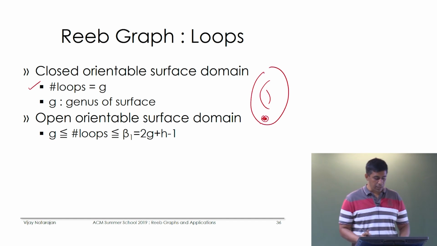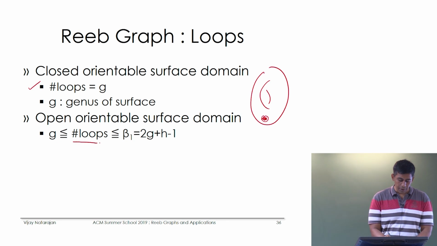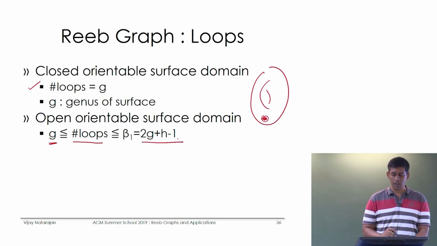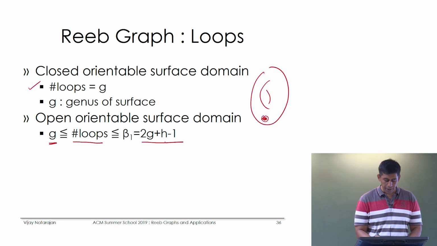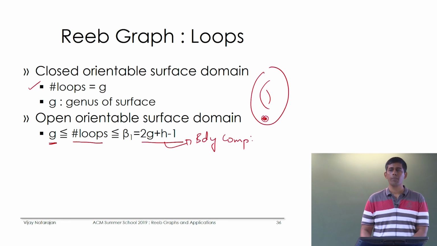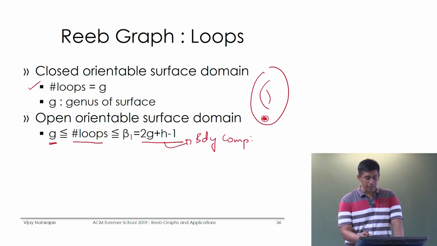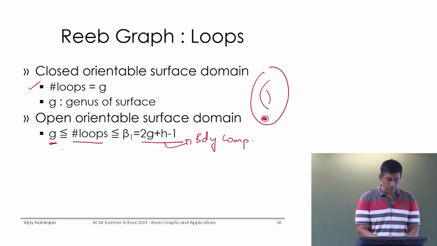So even in this case, one can show that the number of cycles, the loops, is bounded between the genus G and 2G plus H minus 1, where H is the number of boundary components. In this case, there is one boundary component, so it is bounded from G to 2G.